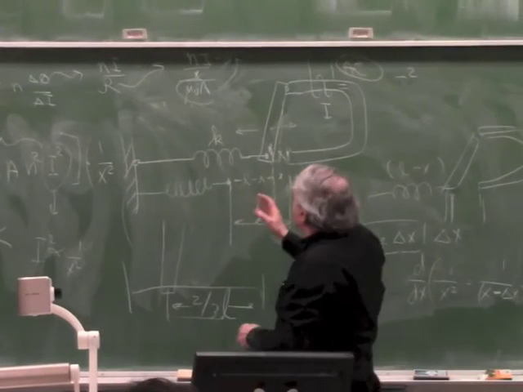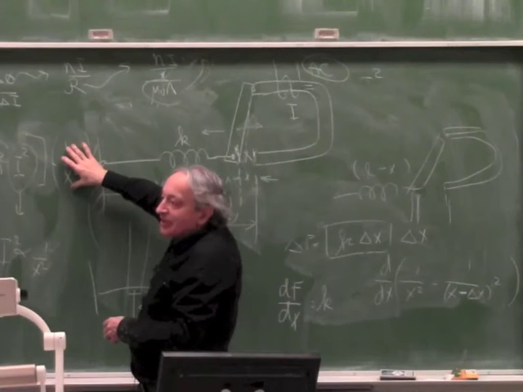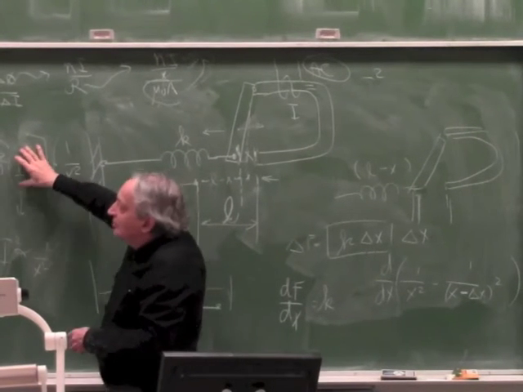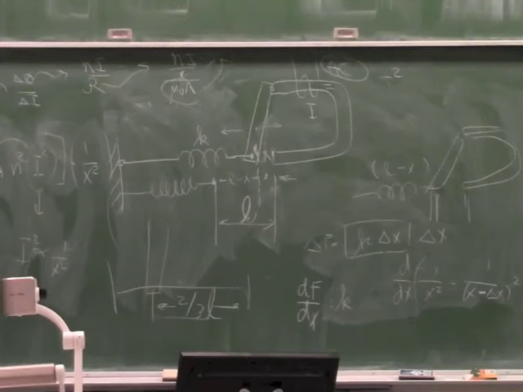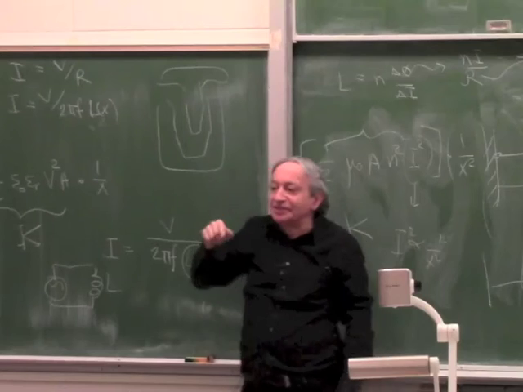Now, if I halve the gap, the force wants to become 4 times bigger. But the I is becoming 4 times smaller because I is V over L, and L is proportional to 1 over x. So I squared will go down as x squared.